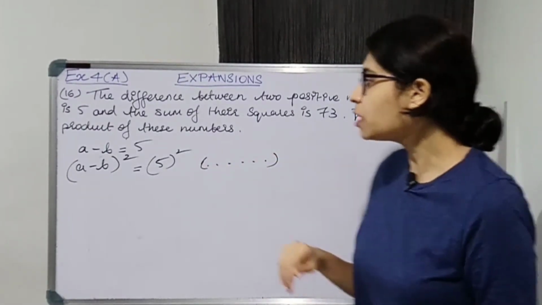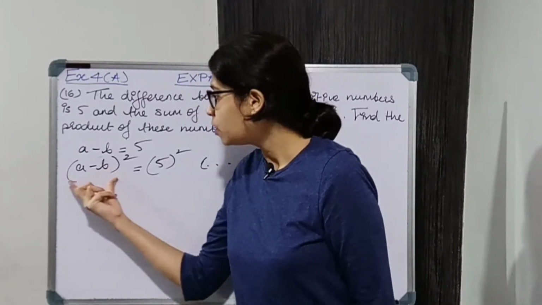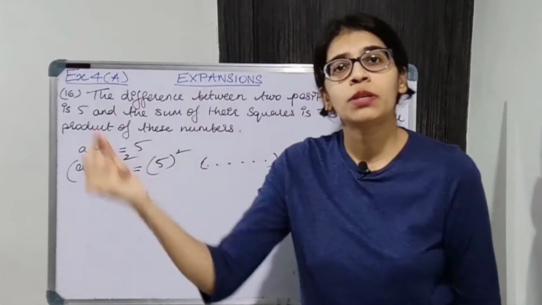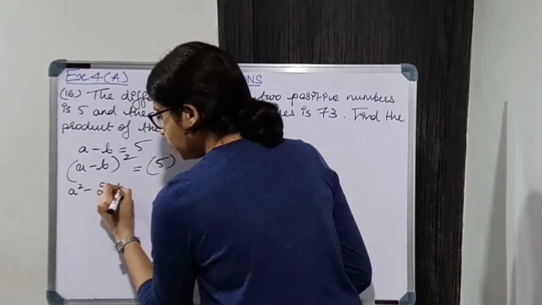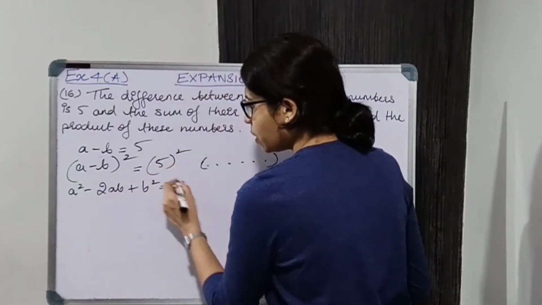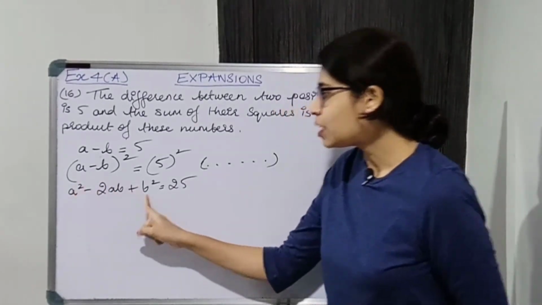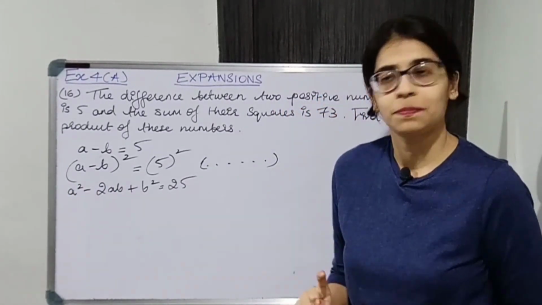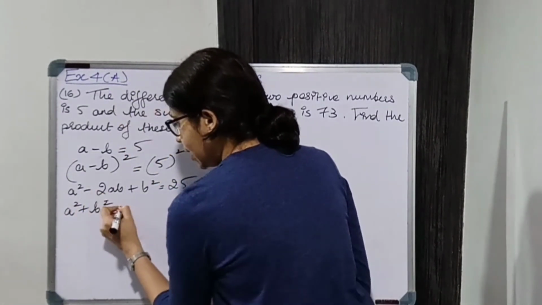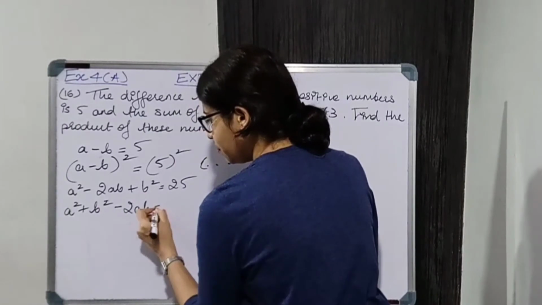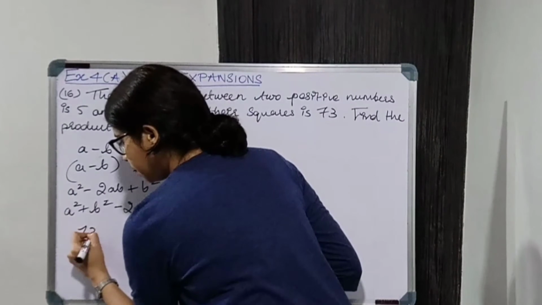Now a minus b the whole square, the formula is a square minus 2ab plus b square. So a square minus 2ab plus b square is equal to 5 square, which gives 25. I know a square plus b square, it is 73. So we'll group a square and b square, and minus 2ab is equal to 25. This is 73.